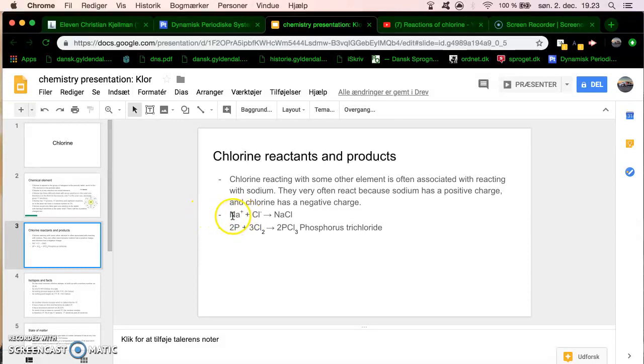As seen here, natrium, or sodium, it can also be called, has a positive charge, and chlorine has a minus or negative charge. And when they react together, the positive and negative charge will be balanced because it equals each other.